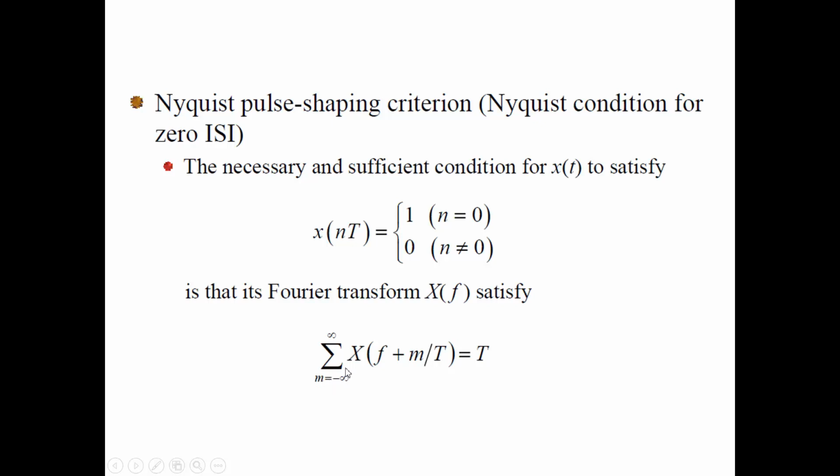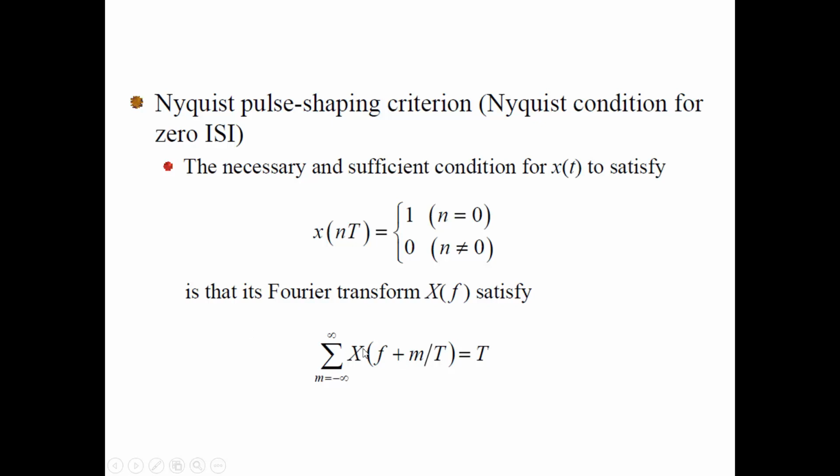Now m is an index. Let's say m is 0, it will be X(f). Let's say m is 1, it will be X(f plus 1/T), which is delayed by 1/T. When m is equal to 2, this will be 2/T, further delayed. That means it is a whole range of spectra that we are summing here.